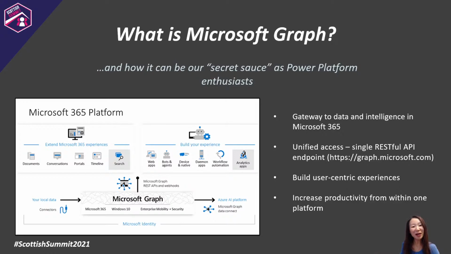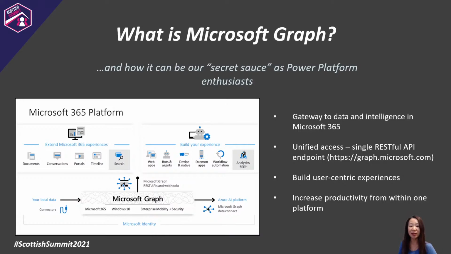So, what is Microsoft Graph and how can it be our secret sauce? Official doc says that the Microsoft Graph is a gateway to data and intelligence in Microsoft 365. But what does that mean? Microsoft Graph provides a unified access to multiple services in Microsoft 365 suite through a single RESTful API endpoint.